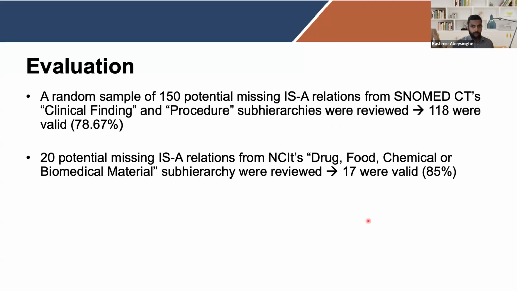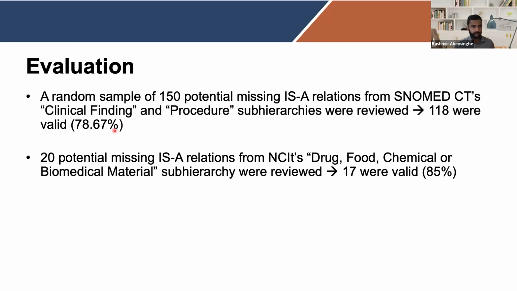So we leveraged the support of domain experts to evaluate some of the potential missing Isa relations identified by our method. We picked a random sample of 150 potential missing Isa relations from SNOMED CT from two subhierarchies, clinical finding and procedure, which were reviewed, and it was seen that 118 were valid.